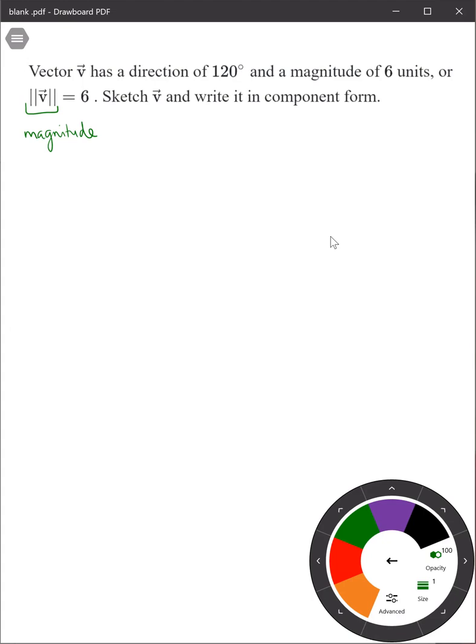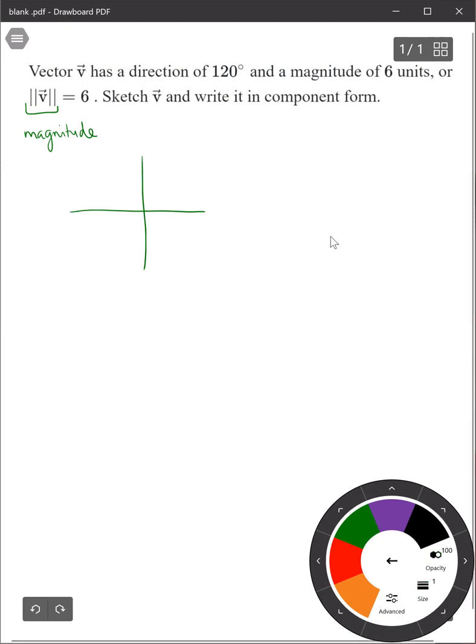So when we sketch vector v, we treat it like in the unit circle. So I have this, and then vector v will be 120 degrees, so second quadrant right here. So this is 120 degrees in standard position.